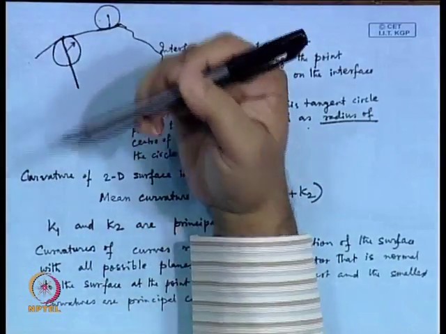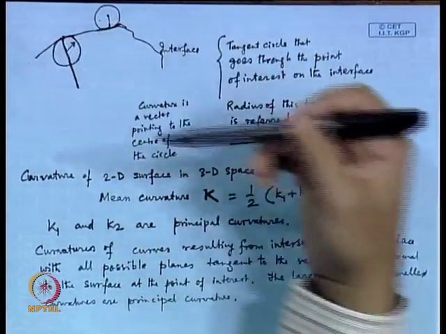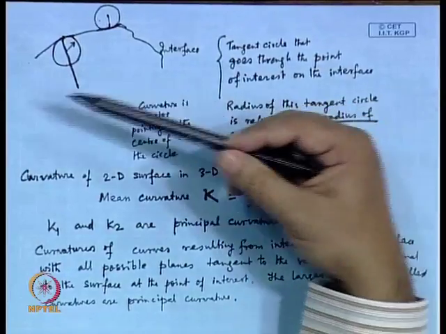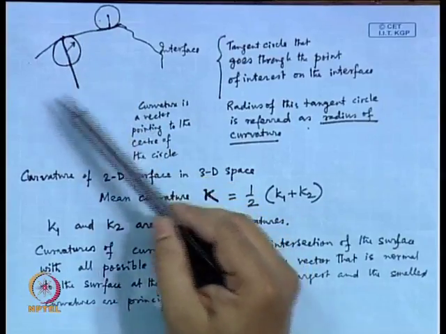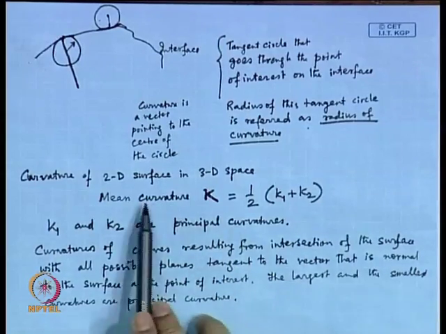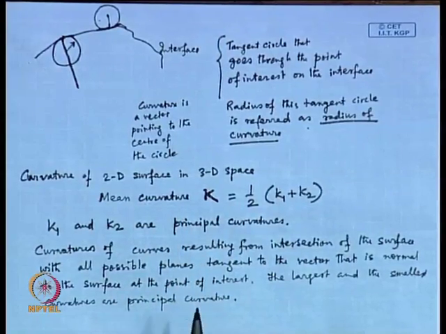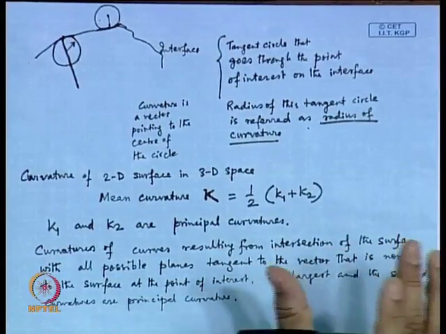When it comes to a 2D surface, there could be several such planes tangent to the vector that is normal to the surface at the point of interest. You could have drawn a circle like this, you could have drawn a circle like this. So, there could be several such circles possible, and you can have several such curvatures also possible. So, the largest and the smallest are referred as principal curvature, and you take the mean of that and call this mean curvature.